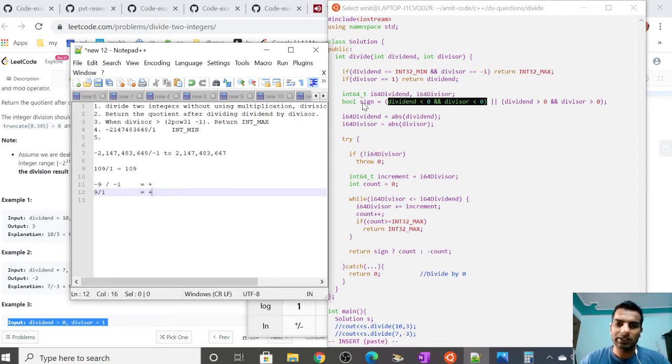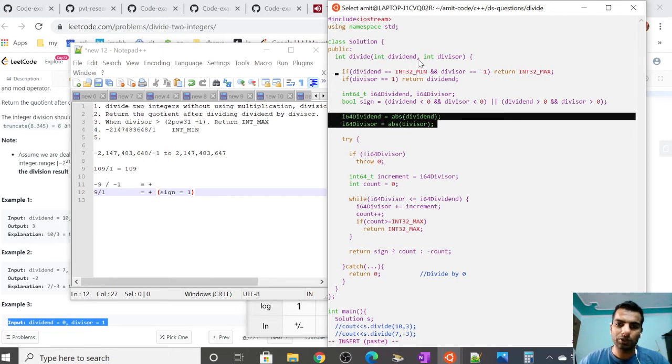So in that case the sign bool becomes 1. Then I have taken two 64-bit signed integers, i64 dividend and i64 divisor. I have taken the absolutes of the incoming dividend and divisor, which means both will be made plus sign.